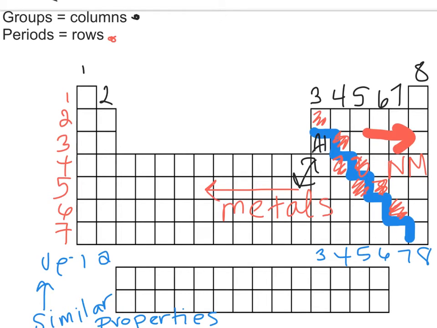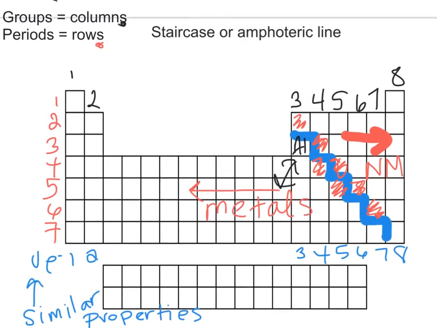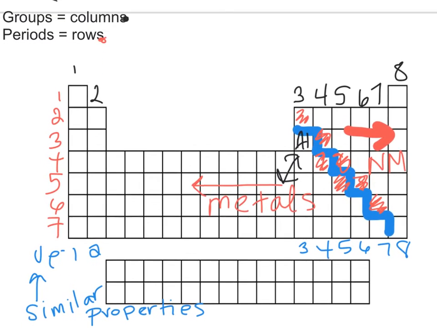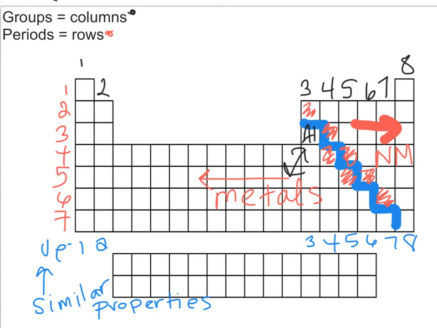Clearly that's a metal, not a metalloid. And we'll talk about their properties in a little bit. So we just want to add on there that our staircase or the amphoteric line is this guy right here.